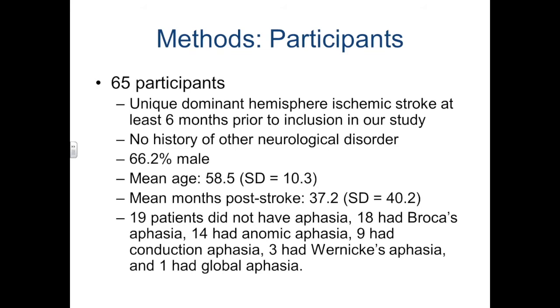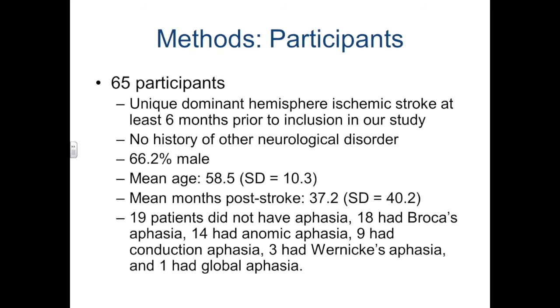We used chronic patients with stroke, so they had to have at least 6 months since their stroke. They had no history of other neurological disorders, so we excluded everyone who had, for example, a hint of dementia that was concomitant, or other disorders that could mask behavioral performance.